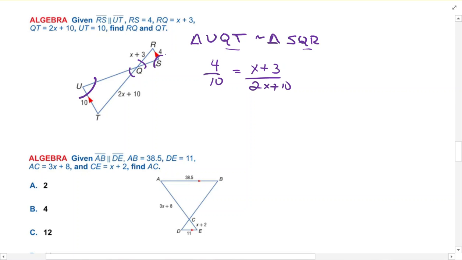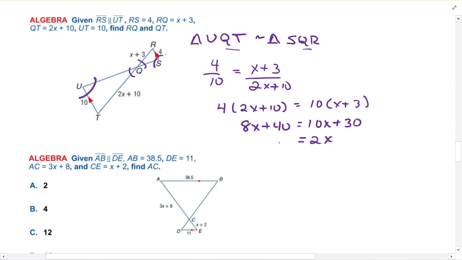So this 4 belongs to the same one as x plus 3, that's why they're both on the same side. Cross multiply, so we have 4 times 2x plus 10 equals 10 times x plus 3. 8x plus 40 equals 10x plus 30. So 2x equals 10 and x equals 5.